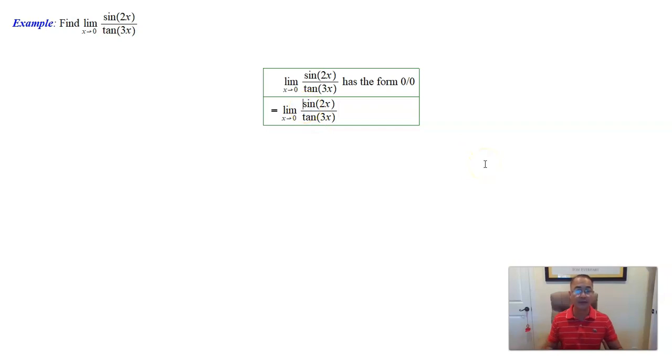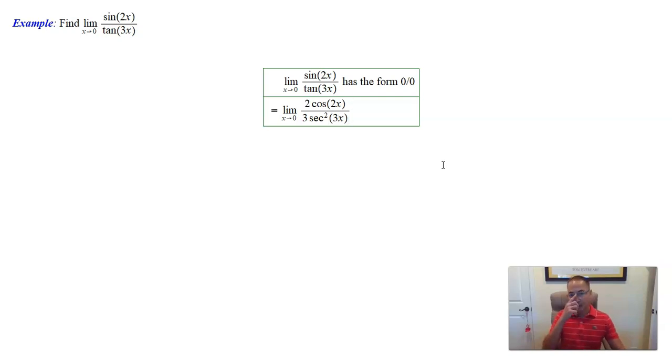Don't forget the chain rule. The derivative of sine is cosine, but there's a 2x inside, so we have 2 cosine 2x in the numerator. In the denominator, the derivative of tangent is secant squared, but again, chain rule, there's a 3x inside, so 3 secant squared of 3x.